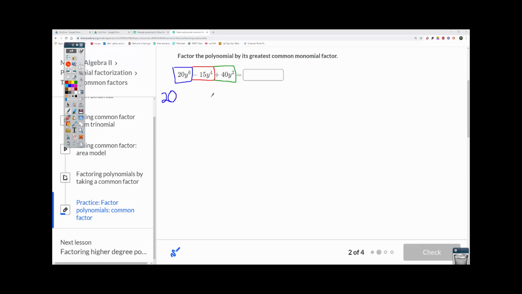So a 20, 15, and 40. So 20 factored down, it would be 4 times 5. 5 is a prime number, so I'm going to circle it. 4 is not a prime number, so we factor it down to 2 and 2. And that's it.